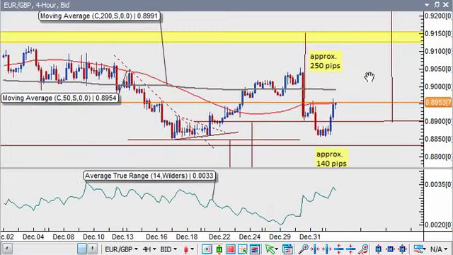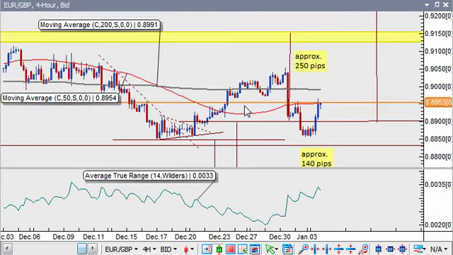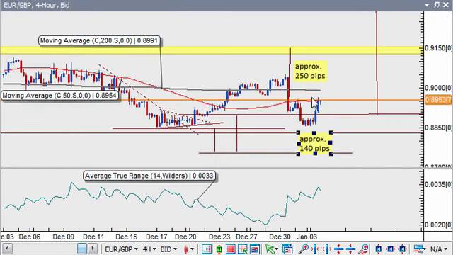Looking at the 4-hour time frame, if instead of using the daily time frame we use the 4-hour time frame, the trigger would have been somewhere here, and this would have been the approximate reward to risk ratio in the intermediate or short term to test 0.9150. And so far the market has made one attempt, but has reversed, and now is trying again to hit this 0.9150 area.